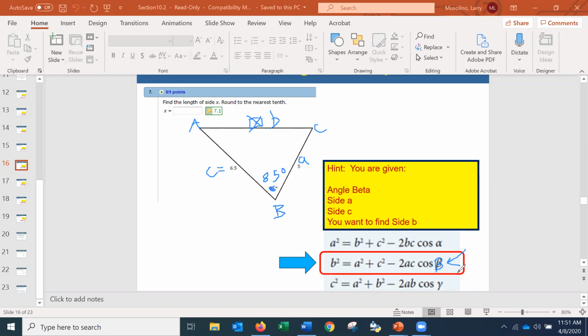So b squared equals a squared, which is 5 squared, plus c squared, 6.5 squared, minus 2 times 5 times 6.5 times cosine beta, which is cosine 85.